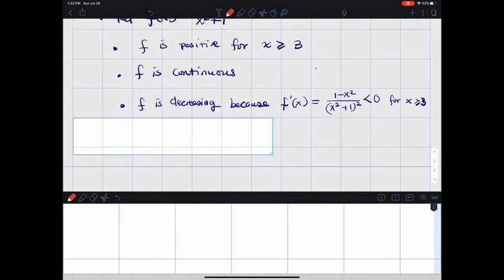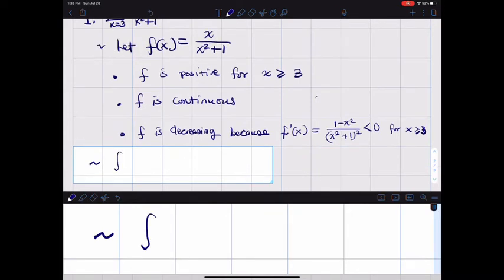So now, to make our conclusion, we need to find the integral. The integral of x over x squared plus 1 dx, the integral from 1 to infinity. We could also do the integral from 3 to infinity. It doesn't matter. Maybe 1 is actually easier to deal with.